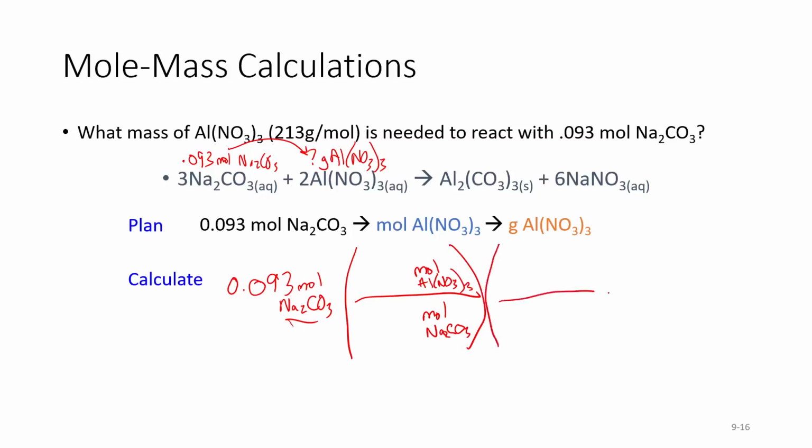And it wants us to get to grams of that. So we're going to go from moles of Al(NO3)3 to grams of Al(NO3)3.